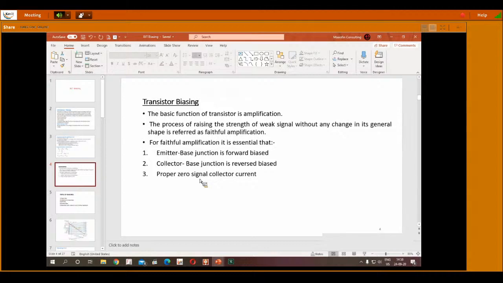So for faithful amplification, three criteria must be satisfied in a CE amplifier stage: the input junction must be forward biased, the output junction must be reverse biased, and since we initially do not apply any AC signal, the AC signal will start from zero amplitude, so we have to maintain a proper zero signal collector current. These are the three main criteria for transistor biasing.